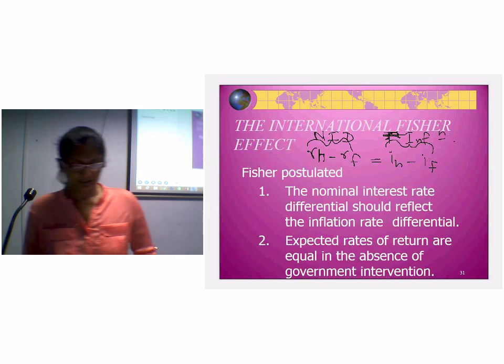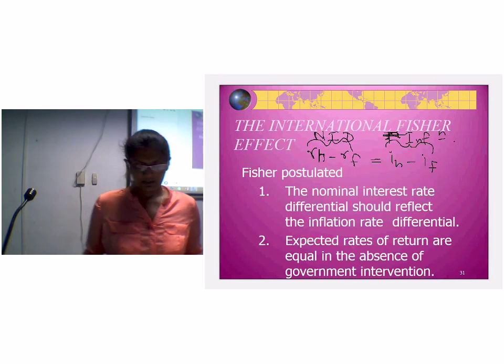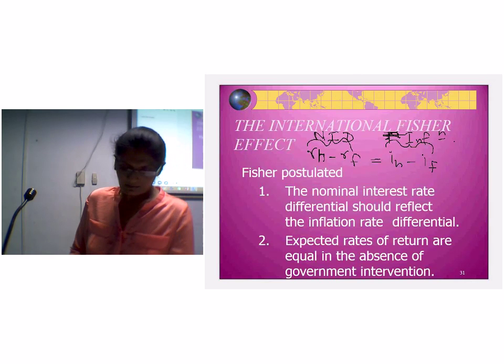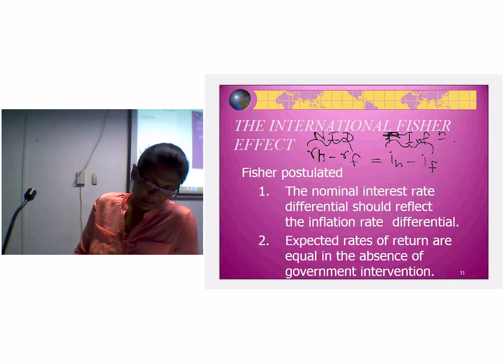Expected rates of return are equal in the absence of government intervention. If there is no government intervention, it is assumed that the expected rate of return, ERR, is equal. Why is that?